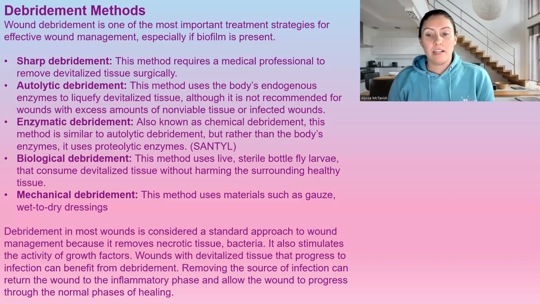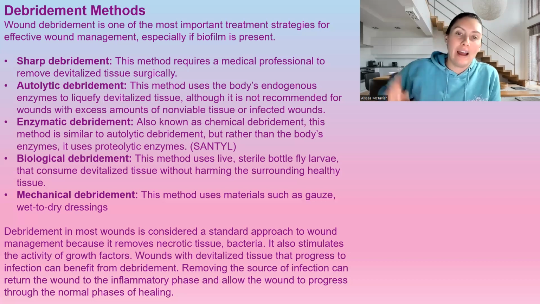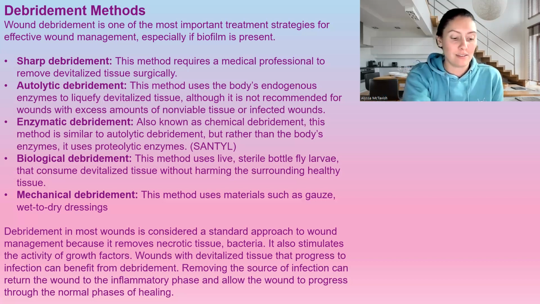And then debridement is considered a standard approach in wound care because it's getting rid of the necrotic tissue. It's reducing bacteria. It stimulates the wound to start healing. So this is what we always need to do if you have devitalized tissue, is debride.